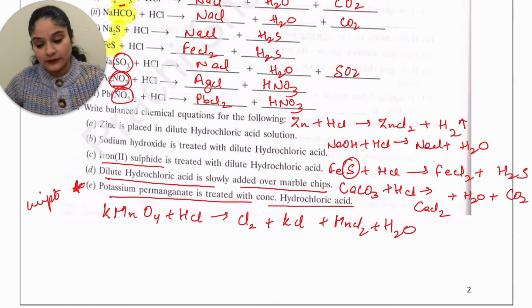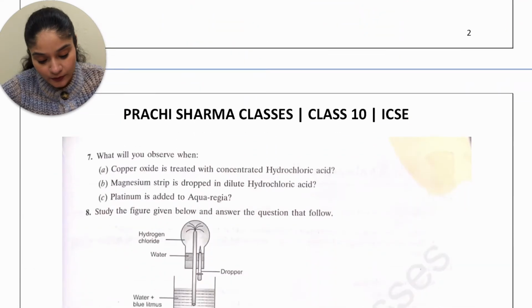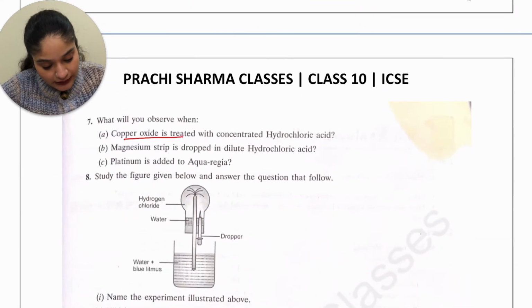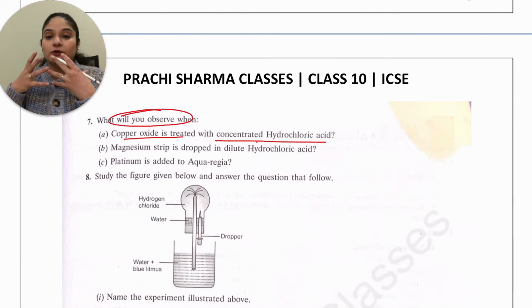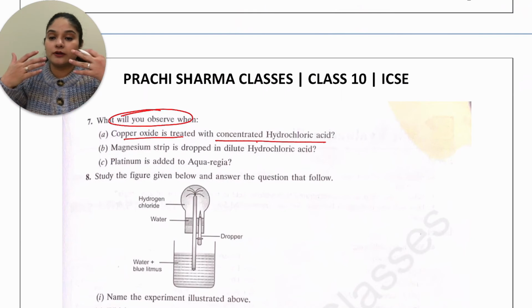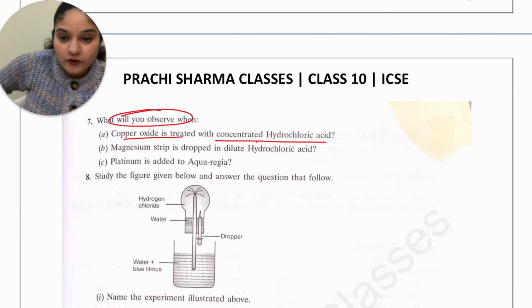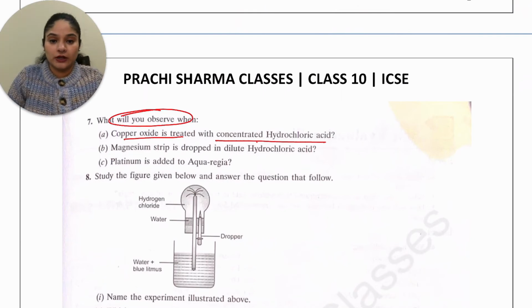Moving on to the next question, what will you observe when copper oxide is treated with concentrated hydrochloric acid? One thing that you have to remember is that you are supposed to write the observation, what is visible to you. So what will you write? Copper oxide is treated with concentrated HCl.